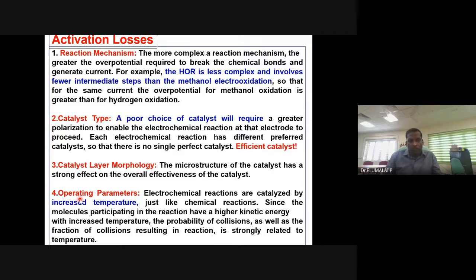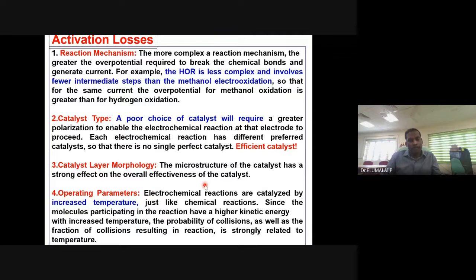Operating parameters of a fuel cell also contribute to, or minimize, the activation losses. Especially if you operate at an elevated temperature, you will definitely be able to reduce activation losses, because at an elevated temperature you get better collision of the molecules and a better rate of reaction, so that activation loss can be minimized.